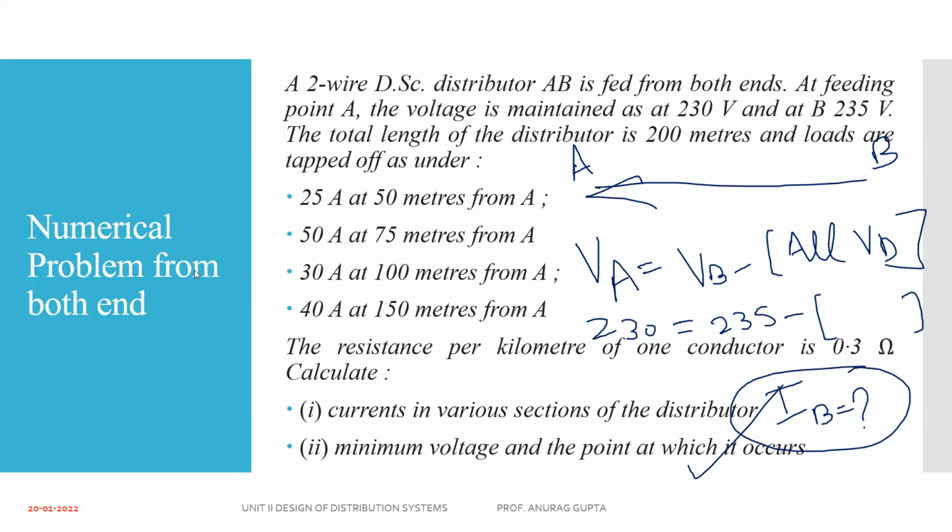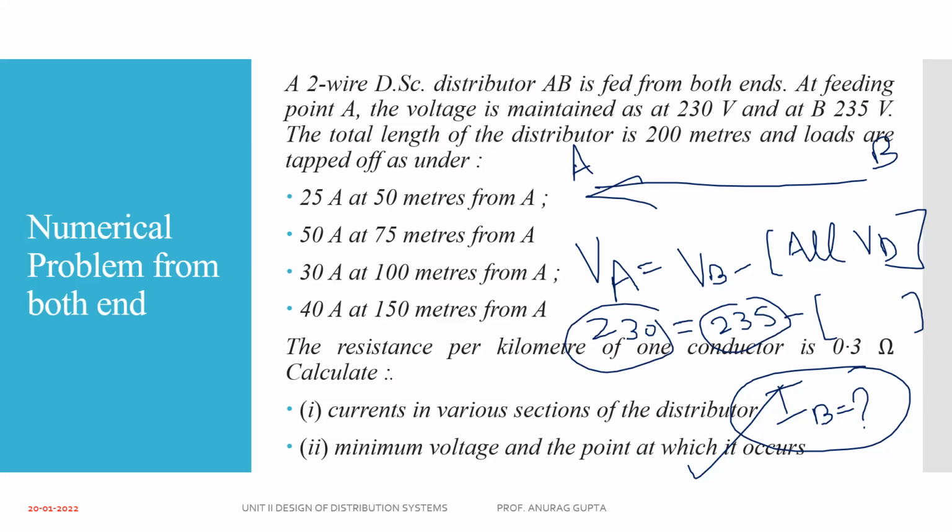Already have solved, don't worry. Because already I have just done the same similar numerical. What I've changed, we have changed only voltage. Nothing else we have changed. Similar numerical we have done just now. So we have said how you can make the equations, that already you have given the answer IB minus 40. Similarly, find the current of each section.